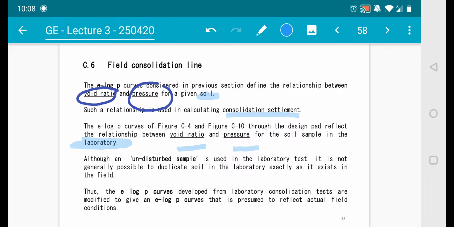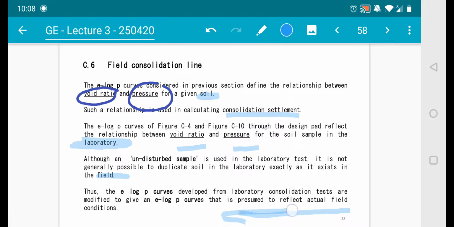Although an undisturbed sample is used in the laboratory test, it is not generally possible to duplicate the soil in the laboratory exactly as it exists in the field. Thus, the E-log P curve developed from laboratory consolidation tests is modified to give an E-log P curve that is presumed to reflect actual field conditions.